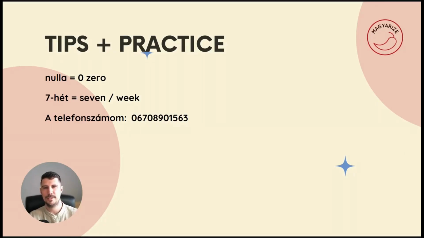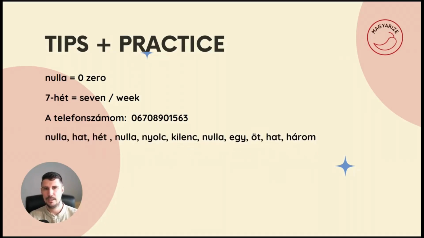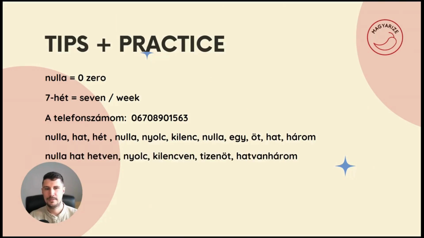If I say it a bit faster, and with the phone number here in writing, this is what I want you to write down as well to practice. And just a little tip with phone numbers, people can say this in various different ways. So I said it the easy way, each number by itself, but sometimes people stack the numbers. In Hungarian, we often say numbers like this. So I could say 06 70, that's the first code of the phone number.